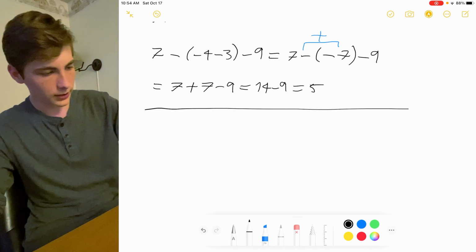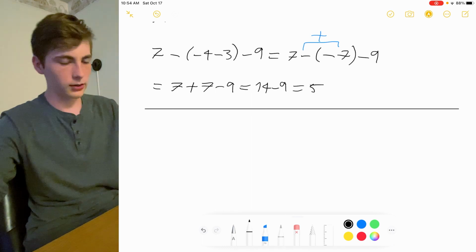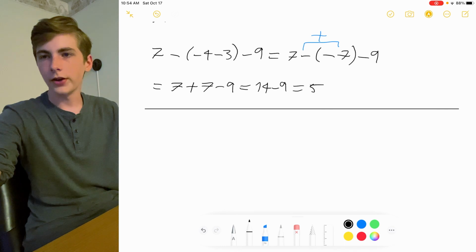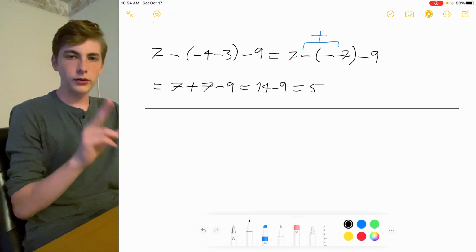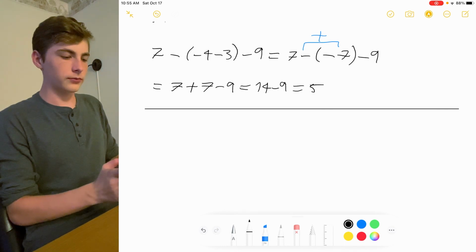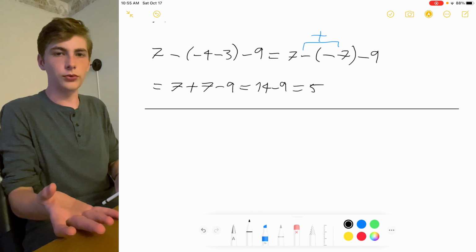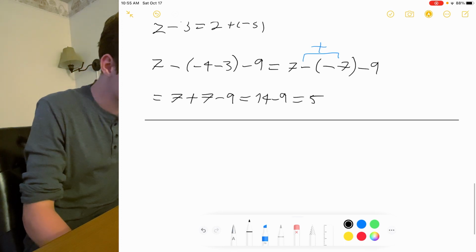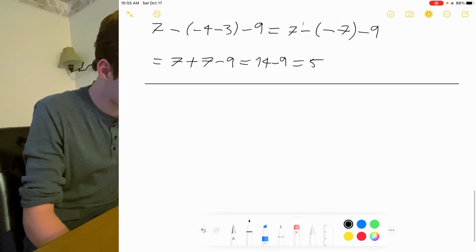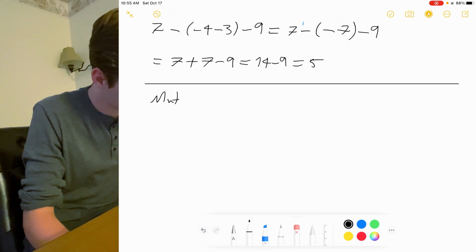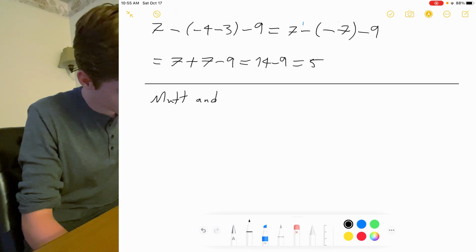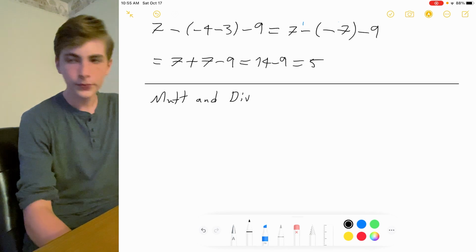So this is going to be very interesting as well. When you're multiplying and dividing positive and negative integers, right? There's only really 2 rules that you need to remember. The first rule, and I'm going to call this mult and div, right? Multiplication and division.